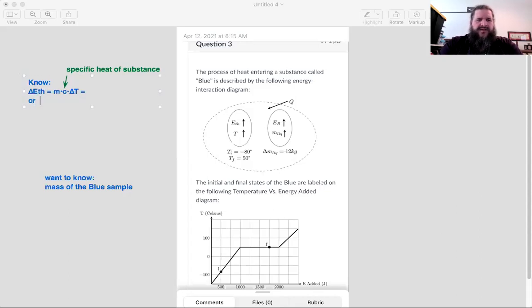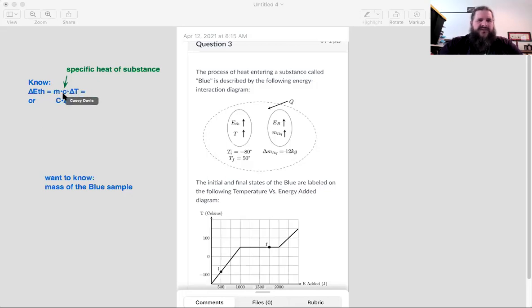So we could also write this as heat capacity, capital C, times delta T. The difference is little c is the specific heat of the substance, big C is the heat capacity of the object. And heat capacity is mass times specific heat. So these two formulas are just different ways of writing the same thing. However, since we care about the mass, I would say let's include little m here.